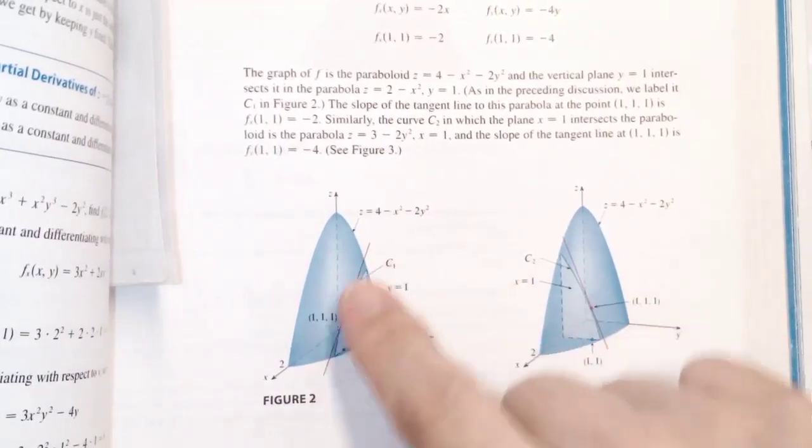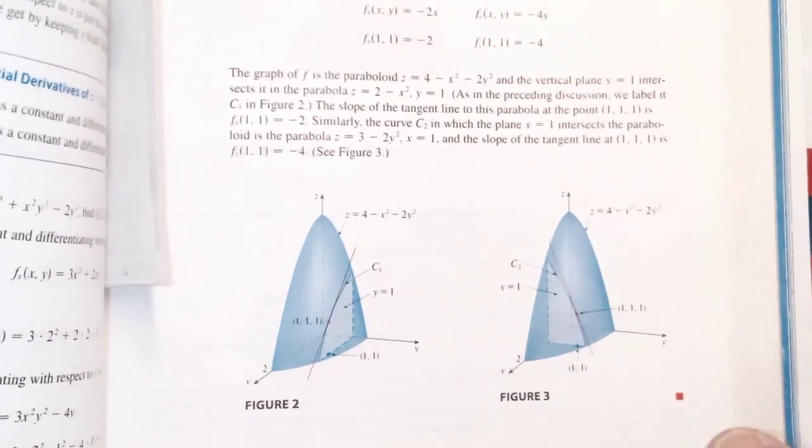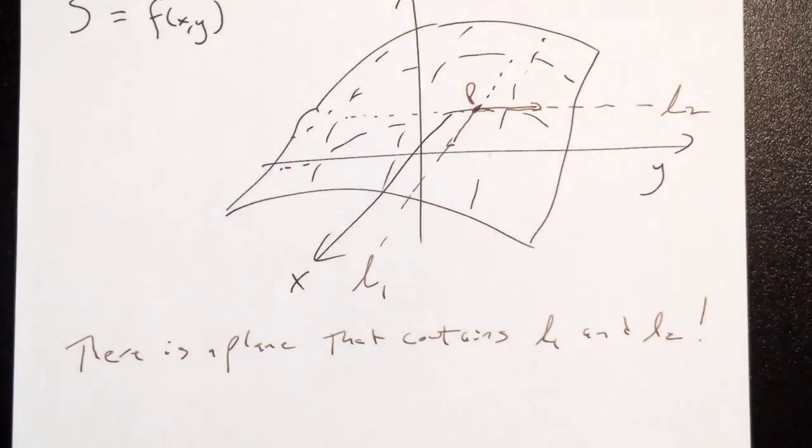So there's a tangent line, so it's tangent to this curve. There's a tangent line tangent to this curve. This plane that we were just looking at, this plane should be tangent as well. It should be tangent to my surface.